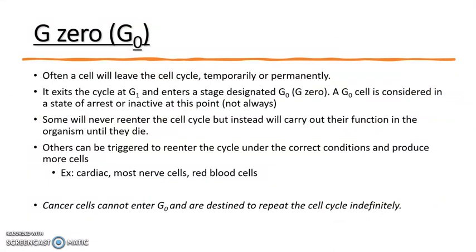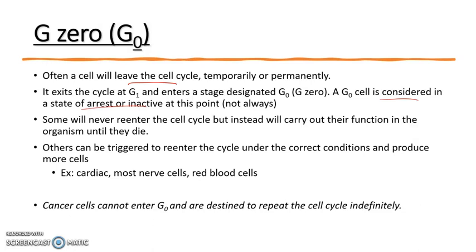Now, there is this special phase, which I'll bring up, but we don't have to go too in depth here, called G0. Essentially, G0 is right at that R point where sometimes a cell will sort of press pause. It will be considered a state of arrest or inactivity, but what it does is it leaves the cycle for a minute. Some cells will stay here in G0, things like cardiac cells, nerve cells, red blood cells.